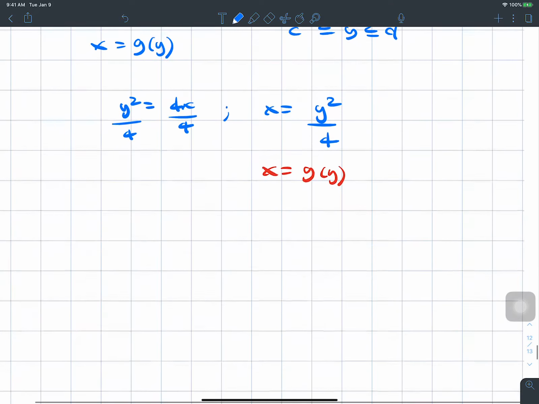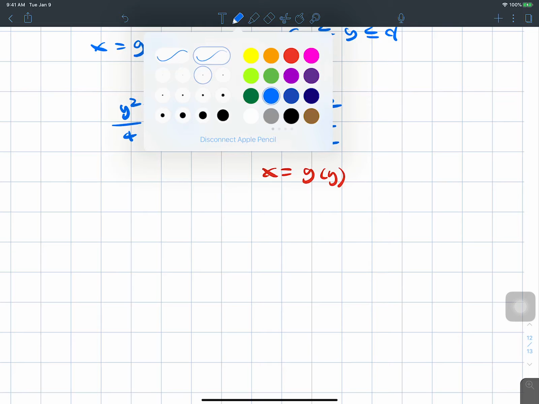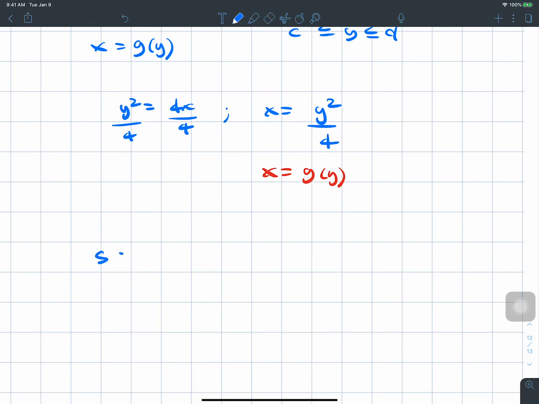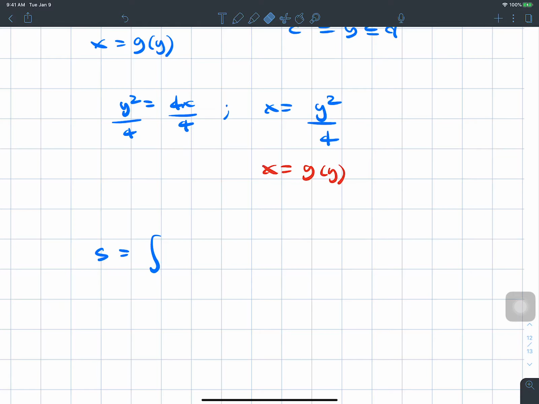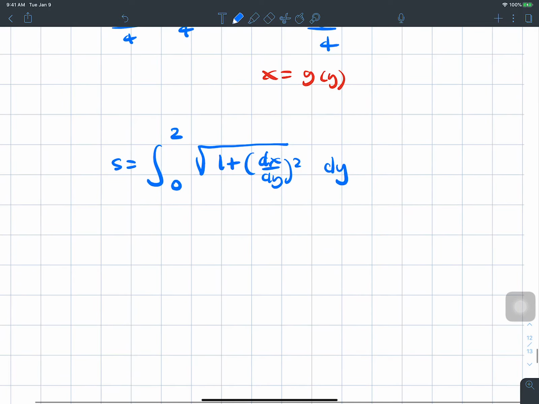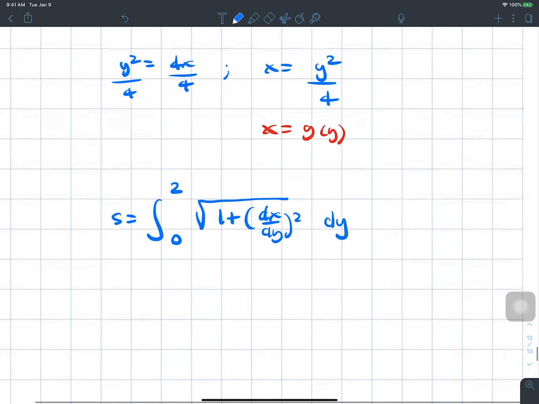Okay. So in this case, the arc length formula is going to be from C to D. This is for y now. Let's do every detail. So we know what x is.